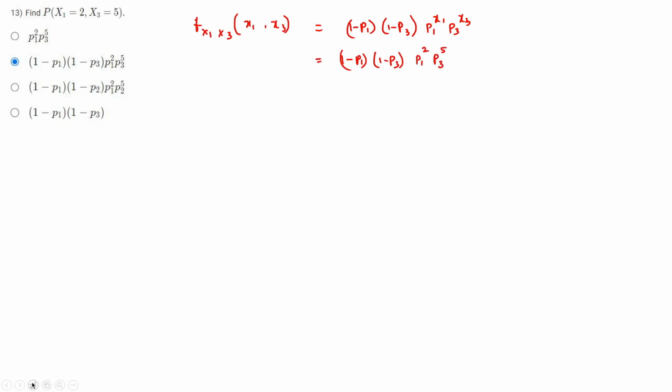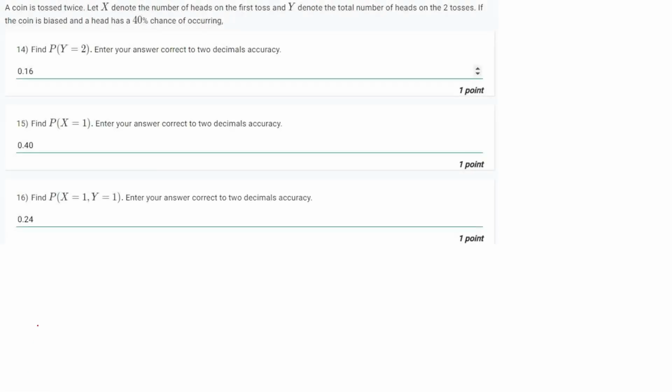So next question. A coin is tossed twice. Let x denote the number of heads on the first toss and y denote the number of heads on the two tosses.